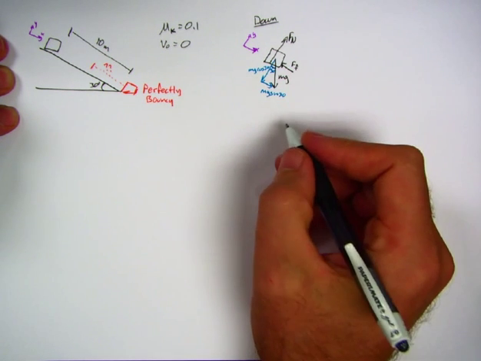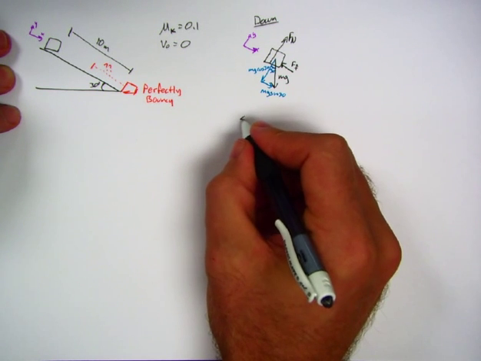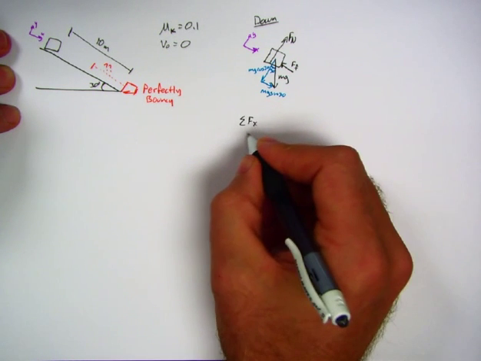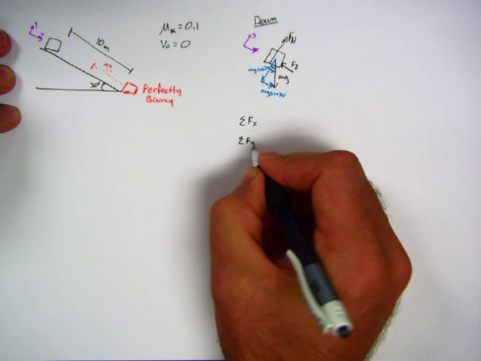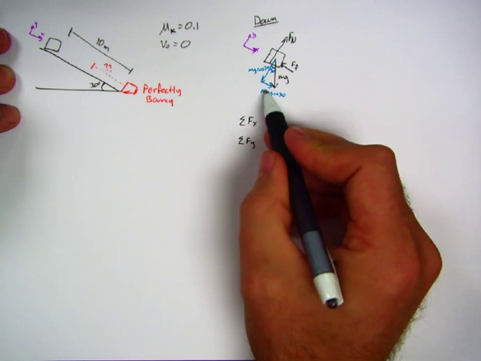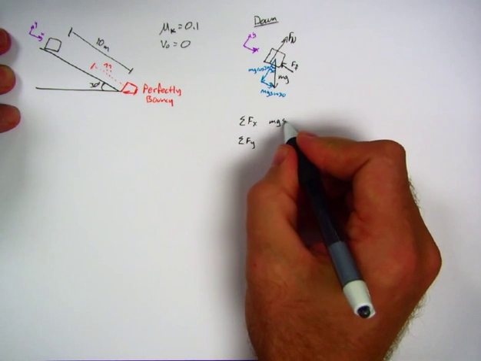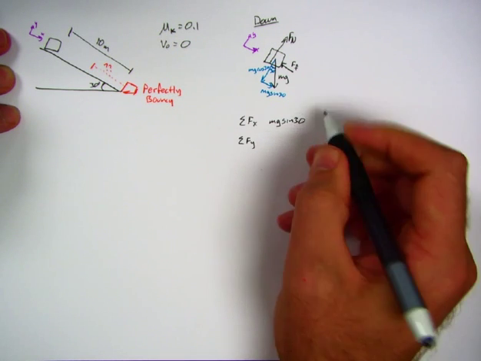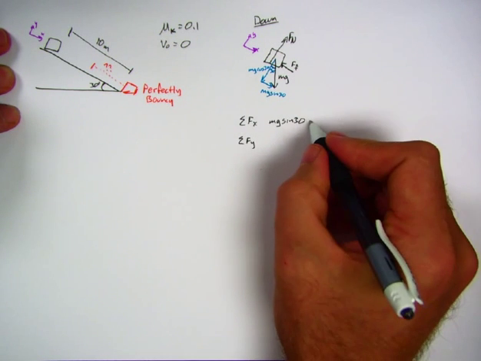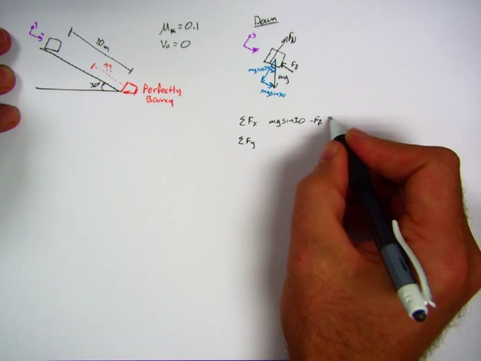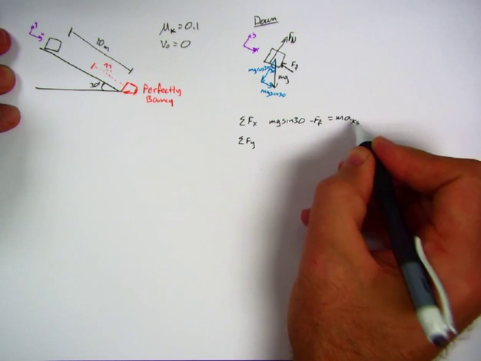I can write down some of the forces in the x direction, some of the forces in the y direction. X direction, I have an mg sine 30, and I have minus force of friction. That's it, equals mass times acceleration in the x direction.